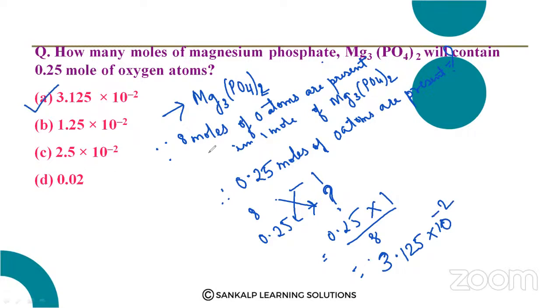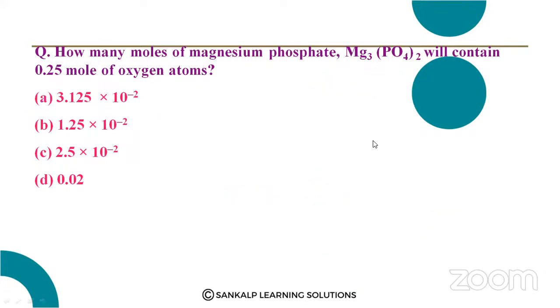You have to cross relate. In this particular compound, 8 moles of oxygen are present in 1 mole of Mg3(PO4)2. Then in 0.25 moles of oxygen atoms, how many are present? Like this, you are going to find out. This is the way you are going to find it.